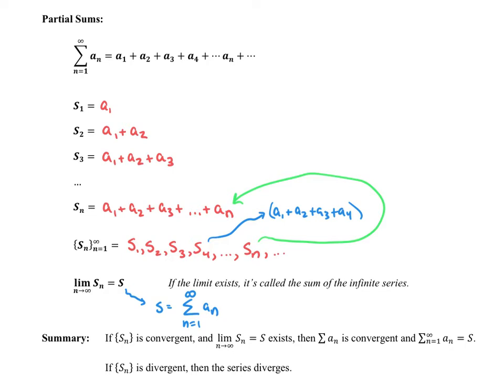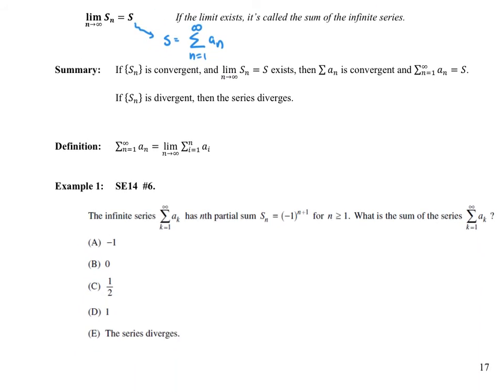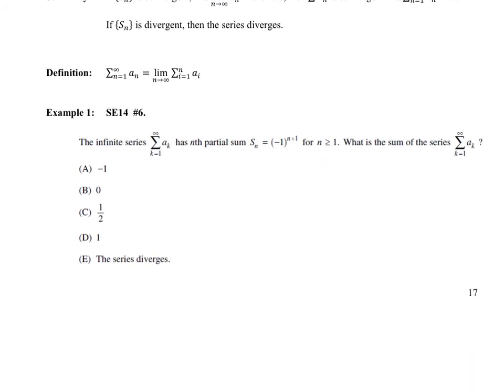So if we're able to take the limit as n goes to infinity of the nth partial sum, and we get a value, a sum, a numeric value, then that sum will be representative of this series. Okay, and you can look at the summary below. I'm going to give you an example of this, and I'm going to give you a few of them, not back to back right now, but we will have them as we practice.